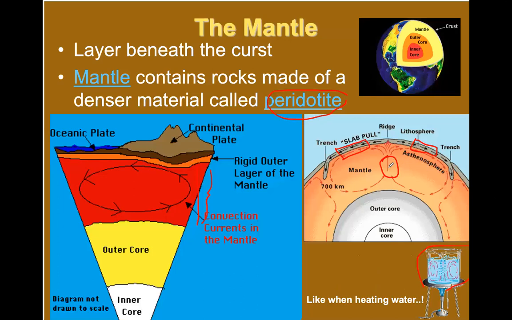One convective cell is here, another is there. This drags the slab in this direction, and that cell drags the plate in the opposite direction, so some empty area is generated in this region.